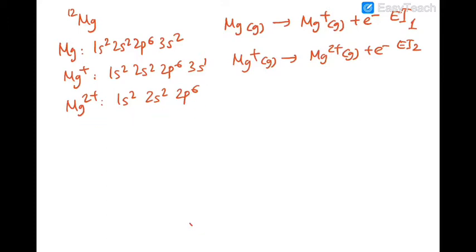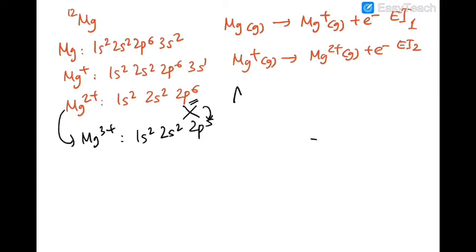The problem arises when you want to go from here to magnesium 3 plus, because now you have to pull the electron from the fully filled stable configuration into 2p5, and this is a big no.